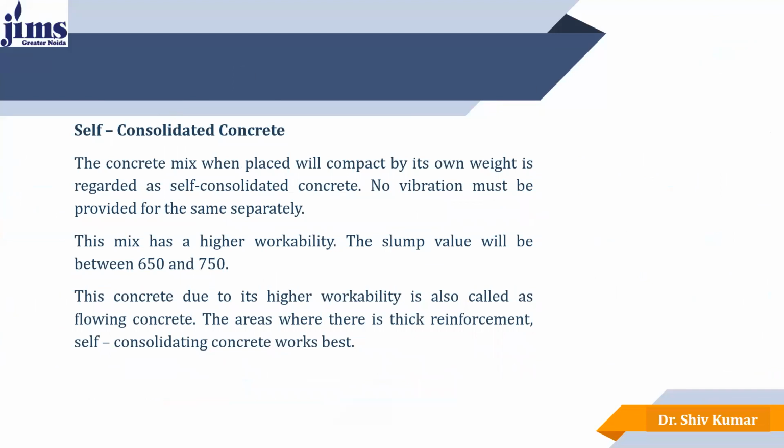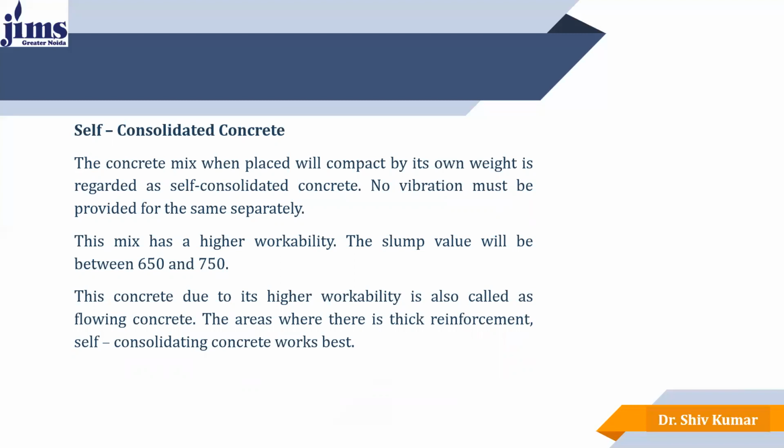The next is self-consolidated concrete. The concrete mix, when placed, will compact by its own weight, and is regarded as self-consolidated or self-compacted concrete. Hence, no vibration is required to remove the voids or to compact the concrete wherever it is placed.